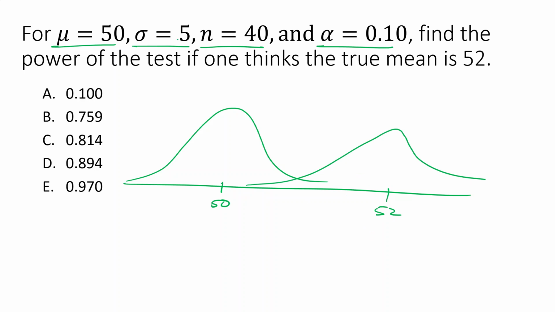The standard deviation of the sampling distribution is 5 over the square root of 40. I'm assuming we're going to check a one-sided test and that our alpha will be here, 0.10. So this is 0.90, and we want to know what's this value.